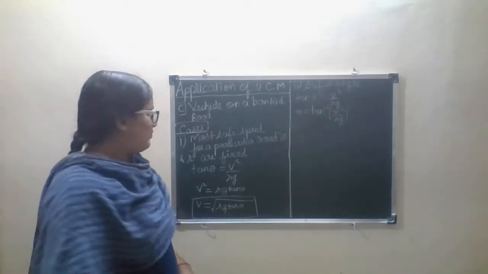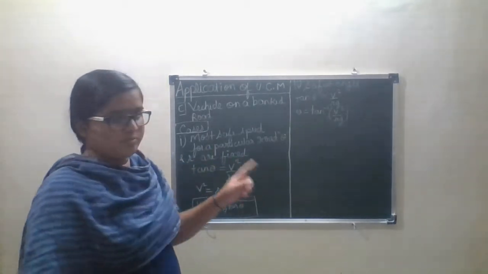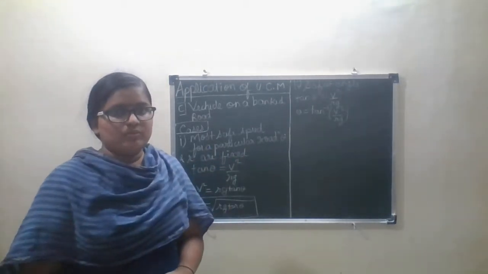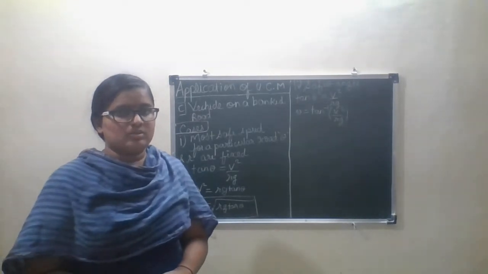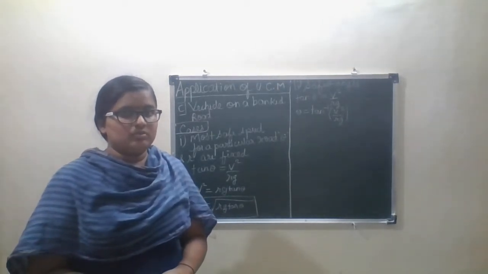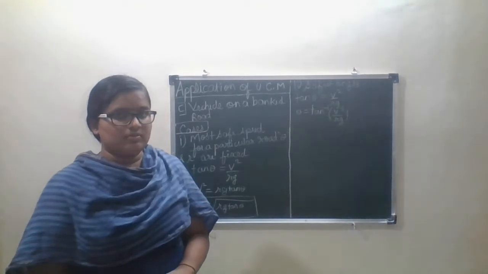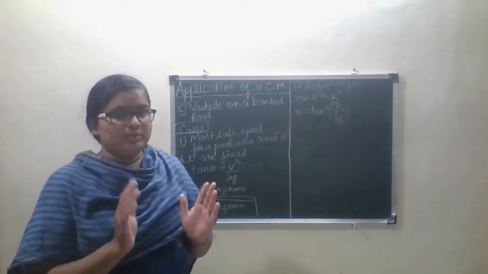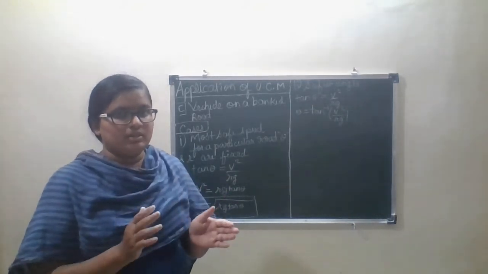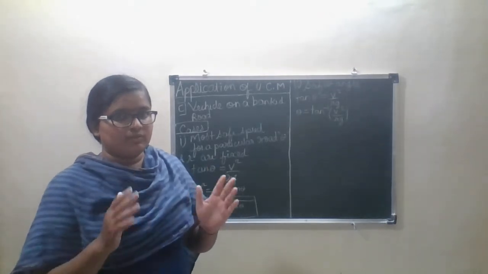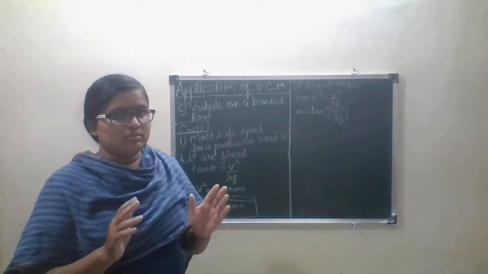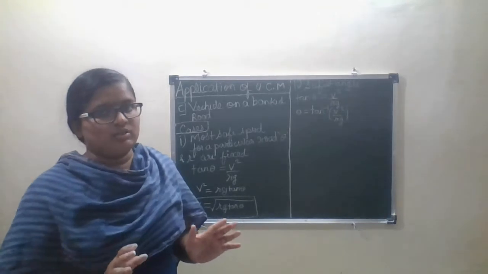First case is the most safe speed. That means we have to calculate what the most safe speed should be, so that an accident may not happen.